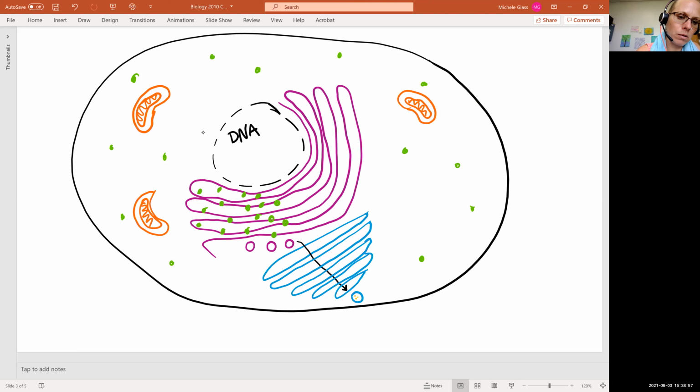So these are the mitochondria. Remember, that's going to be where ATP is produced. That's the process of aerobic or cellular respiration.